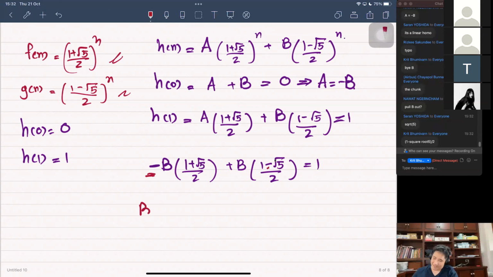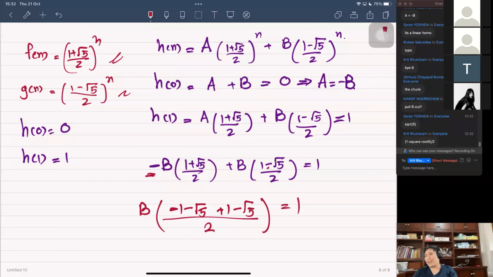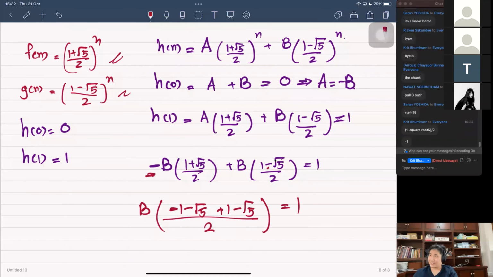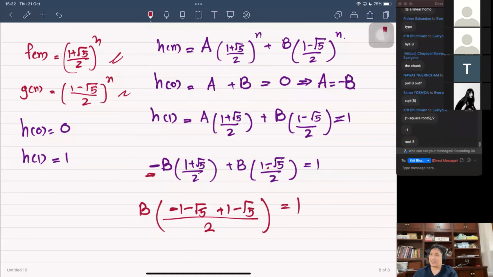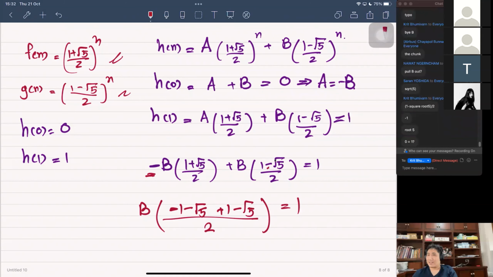So b times (minus 1 minus the square root of 5 plus 1 minus the square root of 5) over 2 equals 1. Now tell me which ones cancel. What are you left with on the left? Wait, did I screw up the minus sign? No, I did not.